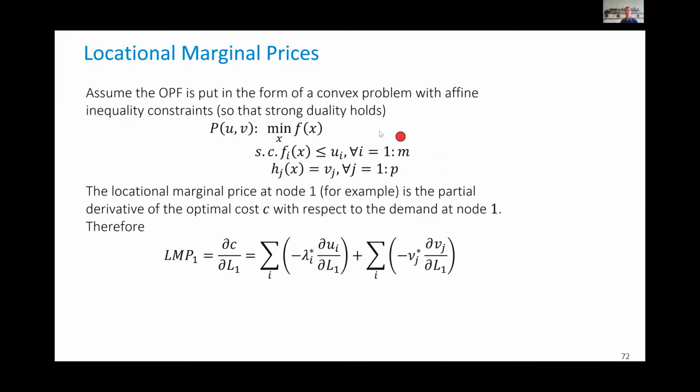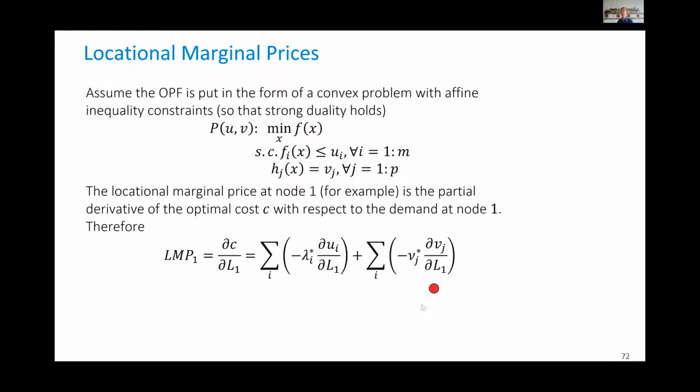Now, the parameter u_i here, in general, will be a function of all the parameters of the problem, in particular of L1. So if I take the derivative of C with respect to L1 by the total derivative formula, I should take the derivative of C with respect to u_i, which is minus lambda_i, multiplied by the derivative of u_i with respect to L1.